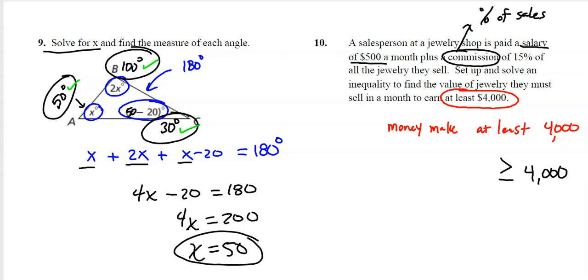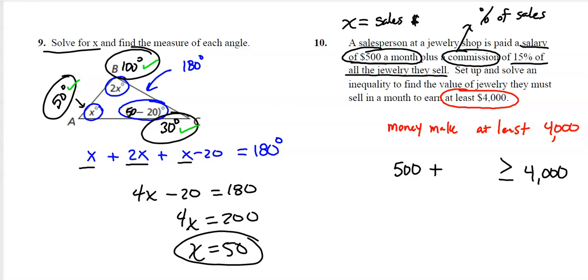Well, how do I make my money? I make my money by getting $500 a month. So $500 a month. Plus, I get 15% of my sales. So let's just say X are my sales dollars, how much I sell.